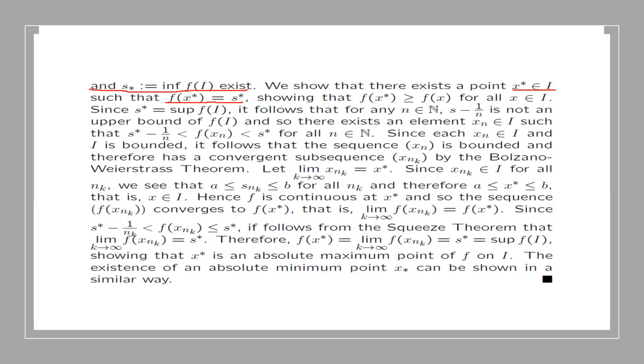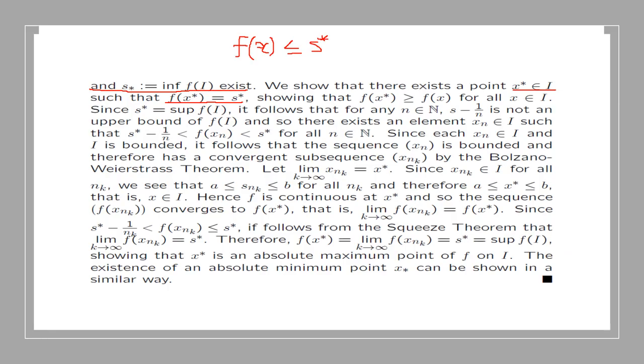Since s star is a supremum of f of I, and every element in f of I is of the form f of x, where x is in I, then f of x is less or equal to s star for all x in I.